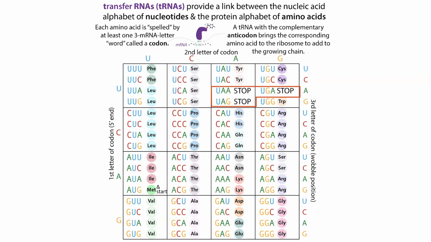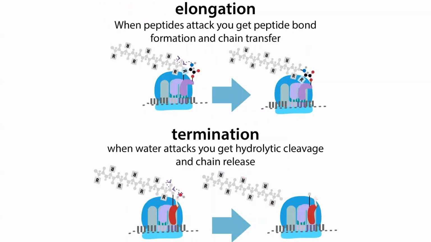And when one of those shows up in the A site, what's going to happen is that there's no tRNA that actually matches that anticodon. But there is this release factor that looks like a tRNA, and it can bind there and sneak in and therefore cause the release because it's not holding an amino acid, but it has the potential to activate a water in order to attack that chain.